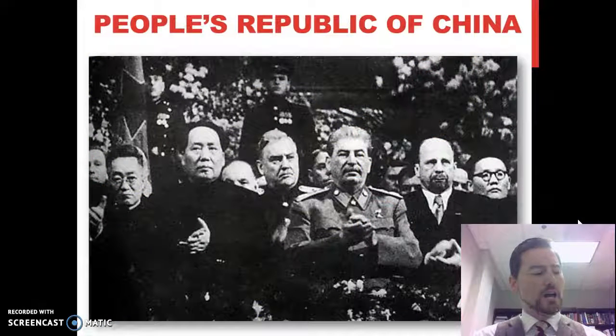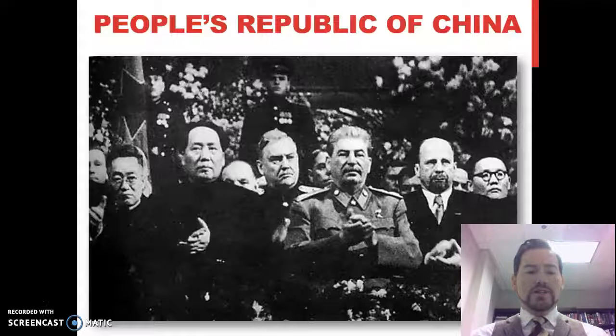Mao has an uneasy relationship with Stalin after this period. So this is a picture of Mao and Stalin. They're celebrating Stalin's 70th birthday in December 1949. But Mao does see some value in what Stalin has already done in the Soviet Union, which is the largest communist country. Remember that Russia was not an industrialized country.